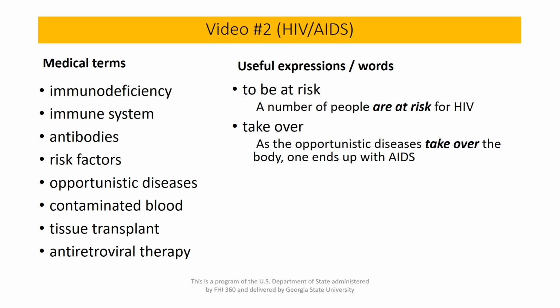Next, you have the verb take over. In the video, you will hear, as the opportunistic disease take over the body, one ends up with AIDS. What take over means here is that as the opportunistic disease spreads over the body and weakens the body, one ends up with AIDS.